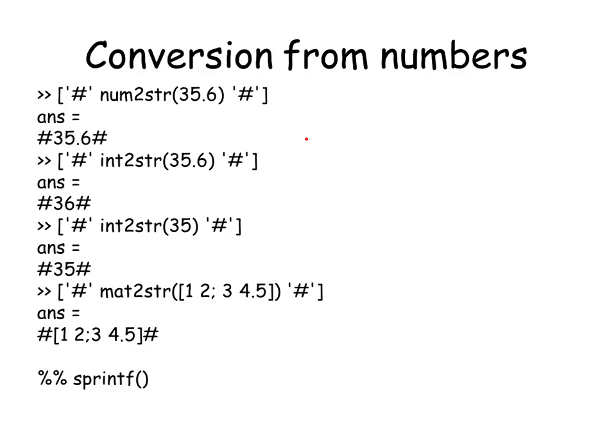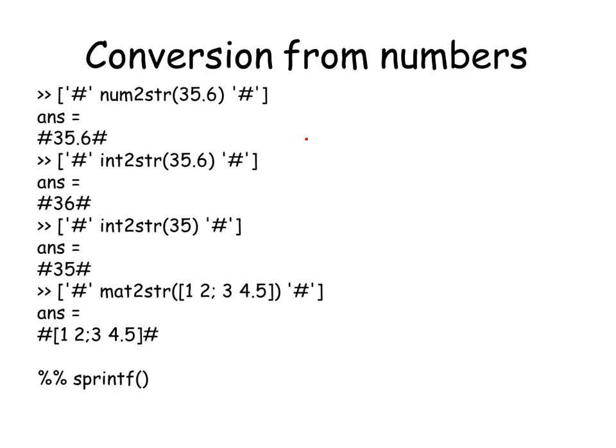So if you have the string 35.6, you'd want to convert it to the actual number, or the other way around. You would want to take the 35.6 and generate a string where the first character is 3, the second character is 5, and the third character is a point. Okay.